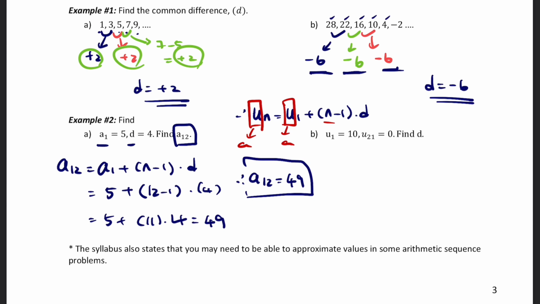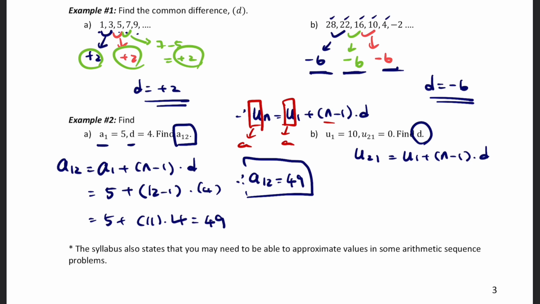Then when you look at question B, we have to find the unknown value of D. We know that U1, the first term, is 10, and U21, which is the final term that we are trying to use, is equal to 0. Then we can set our equation as U21 equals U1 plus n minus 1 times D. Since U21 is our largest term, I set it as our kind of unknown term.